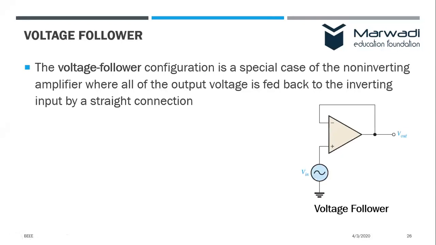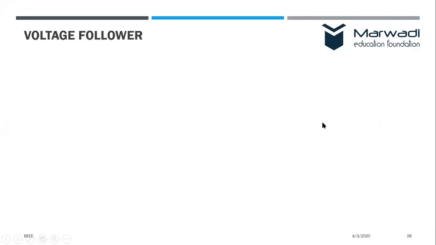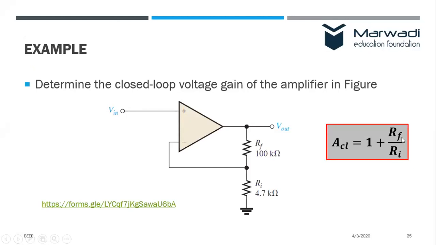The voltage follower is actually the special case of the non-inverting amplifier, where the output voltage is fed back to the inverting input by a straight connection like this. In the previous circuit, the feedback resistance RF is 0 because we are shorting this.